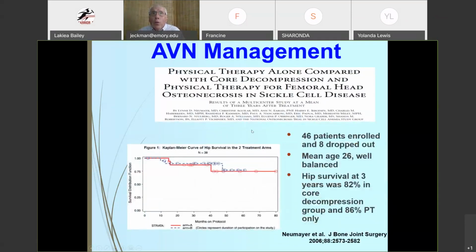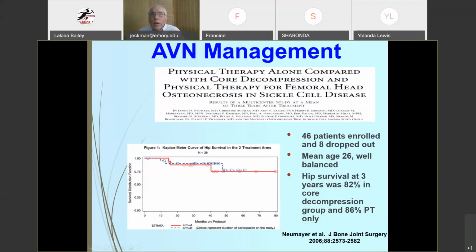A very important study was done, however, that I think you need to know about. It was a study in which a large number of individuals were attempted to be enrolled, where all of the individuals received physical therapy, and half of the subjects got additional core decompression of their hips.